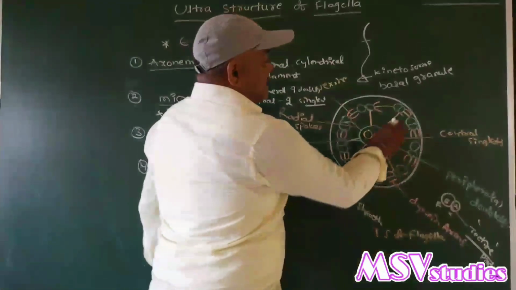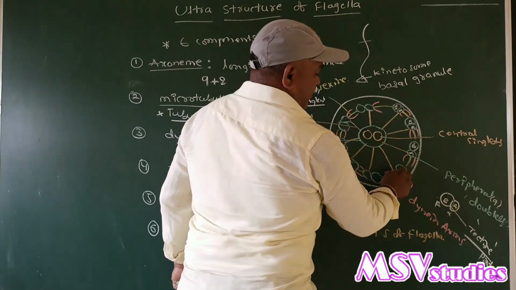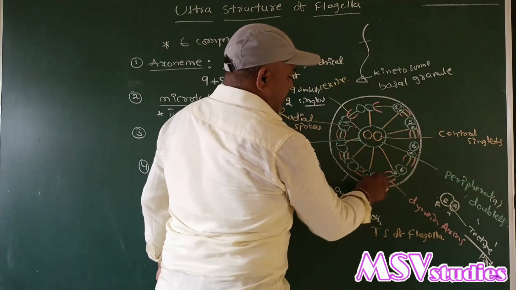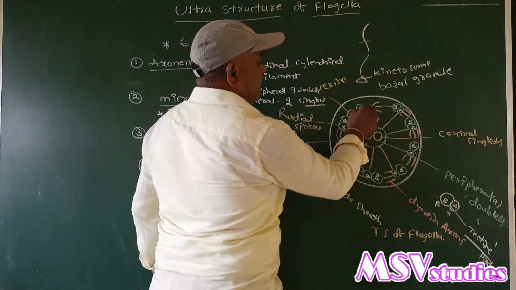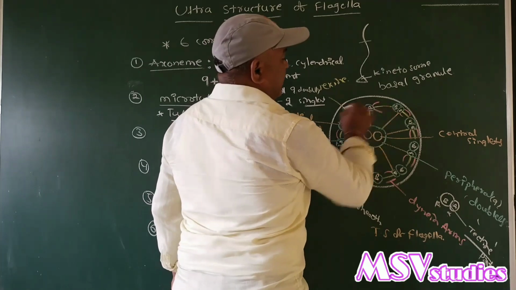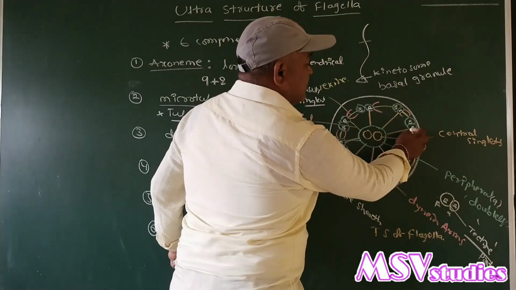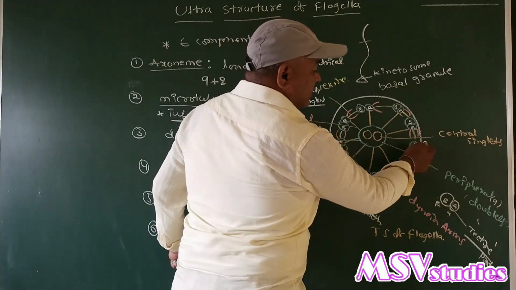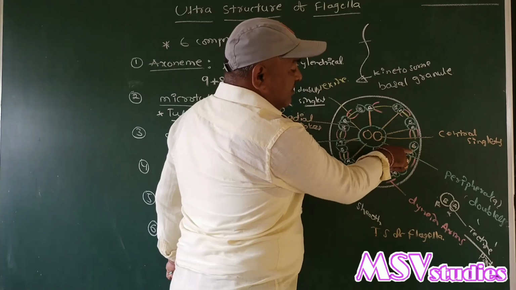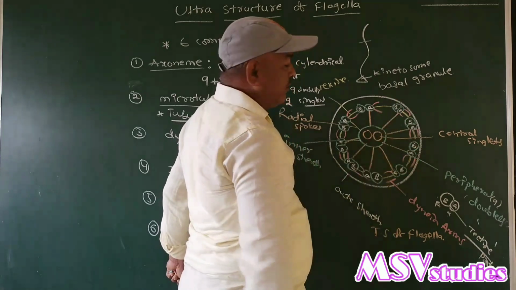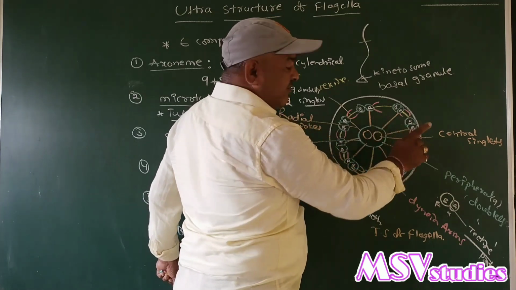So this is A, B. The A microtubule of one peripheral doublet is attached to the B microtubule of the adjacent doublet. The A microtubule is also connected with the inner sheath by the elastic fibrae.